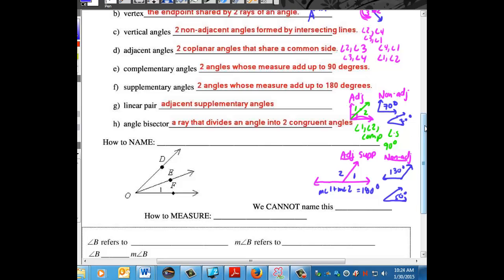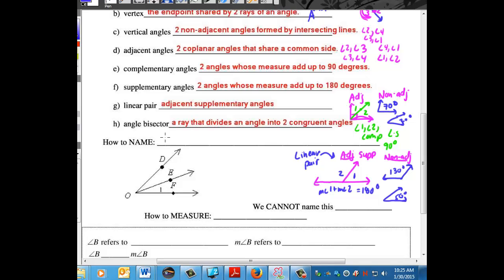Alright, next, for linear pair, let's just go ahead and write out the term linear pair. And that's the same exact thing as adjacent supplementary angles. So when you see this relationship in geometry where you have a straight line and a ray, these two angles will always add up to 180 degrees.